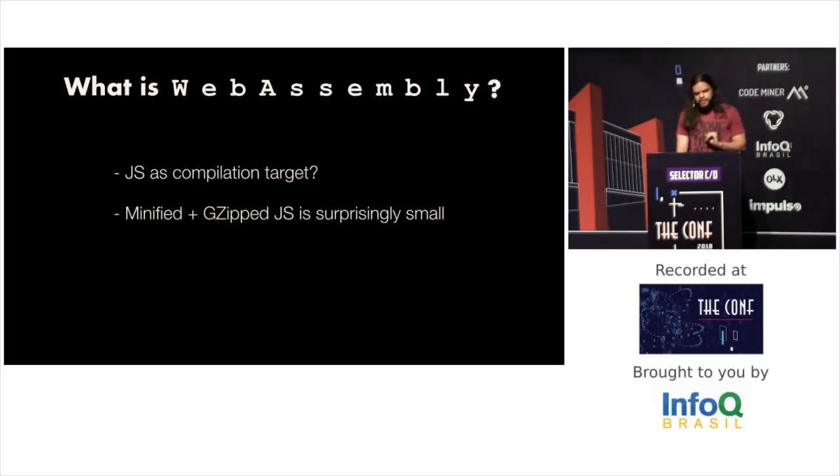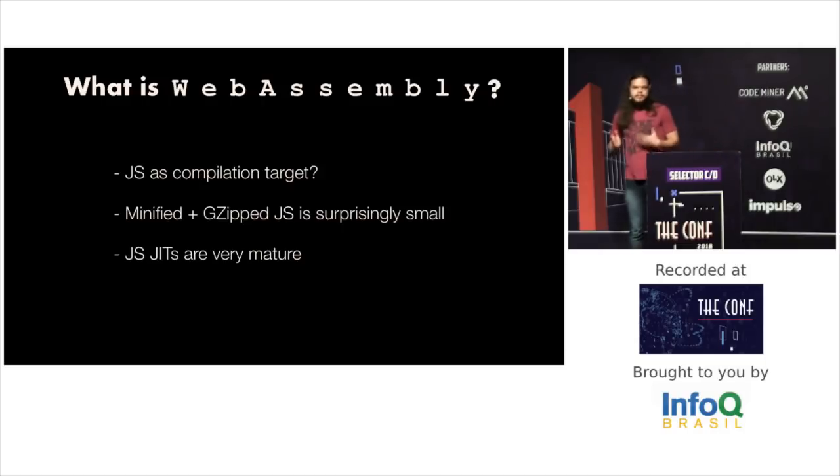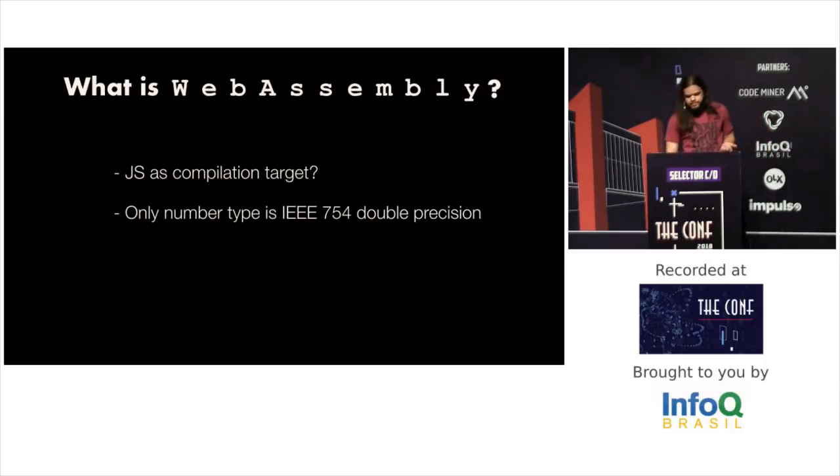When you minify JavaScript, it is actually surprisingly small considering the amount of code you have in there. JavaScript minifiers are very smart nowadays, and they can generate very small bundles from even a large amount of code. JavaScript JITs are very mature, and they can make even very dynamic JavaScript code reasonably fast, so you won't have the problem of it being a slow target.